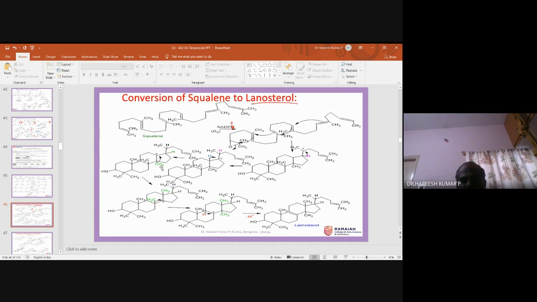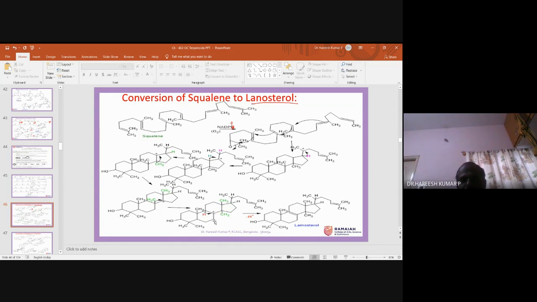Then a methyl group migrates to here, forming a positive charge on this carbon atom. A methyl group moves from here to here, and then there is a positive charge on this carbon.